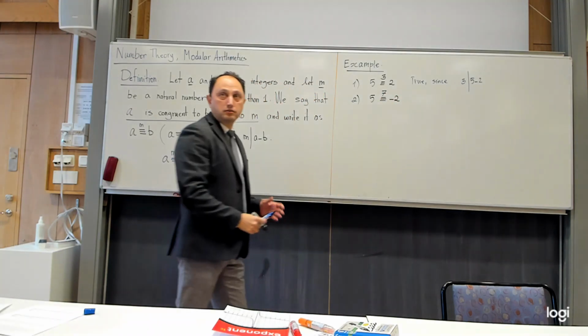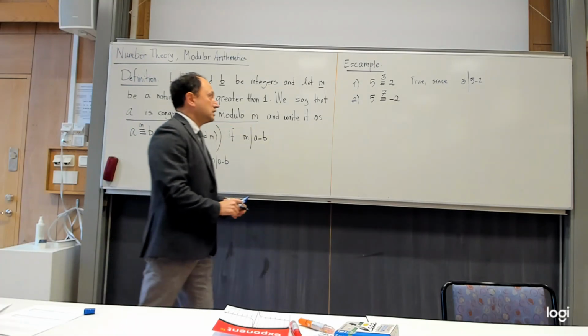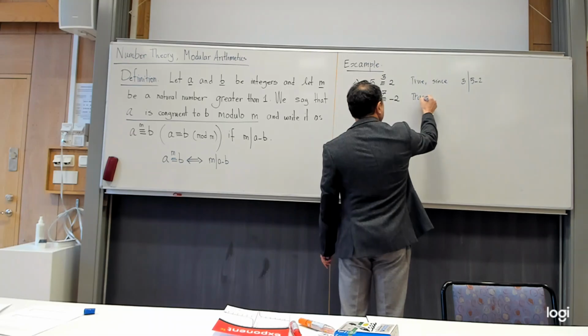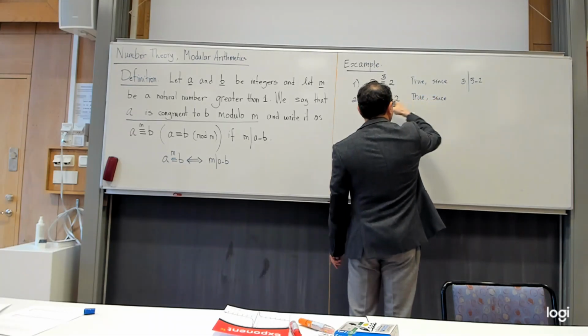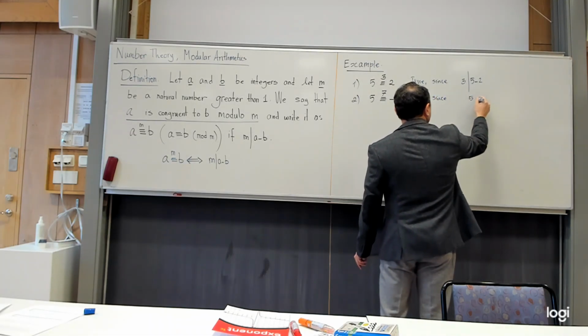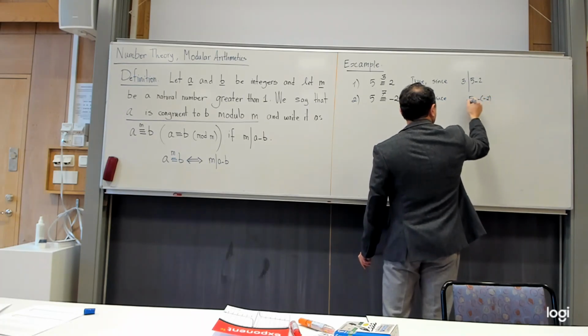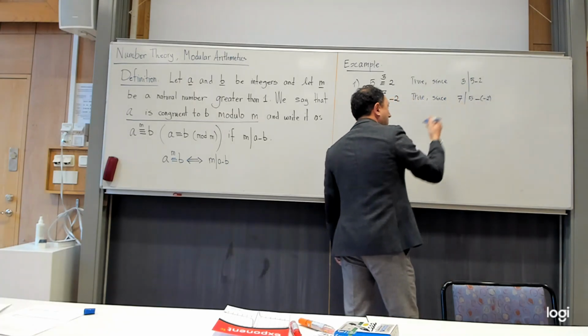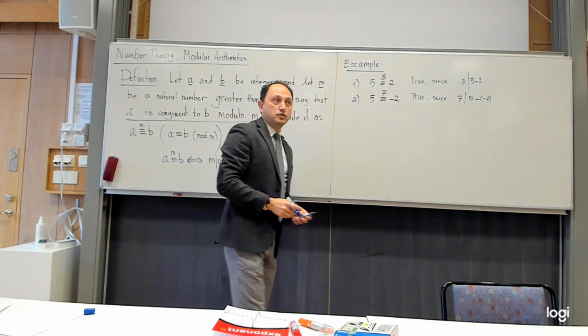Is that right? It is also true. Why? Since if I write the number on the left minus the number on the right, and I ask myself, is this number divisible by 7? The answer is yes.